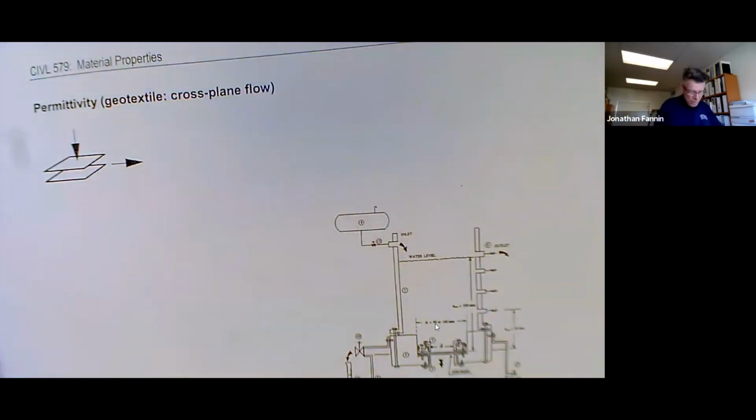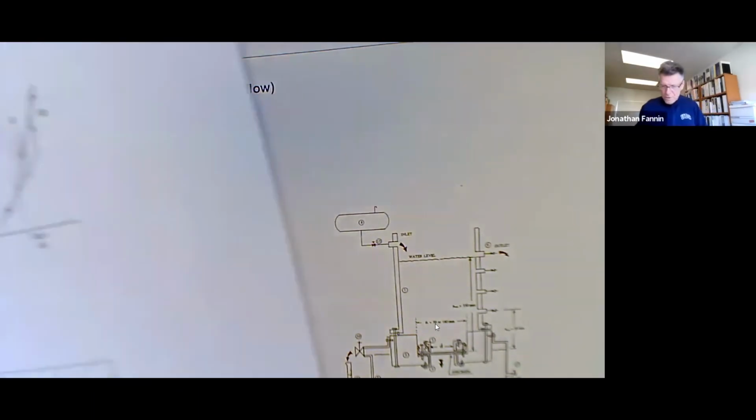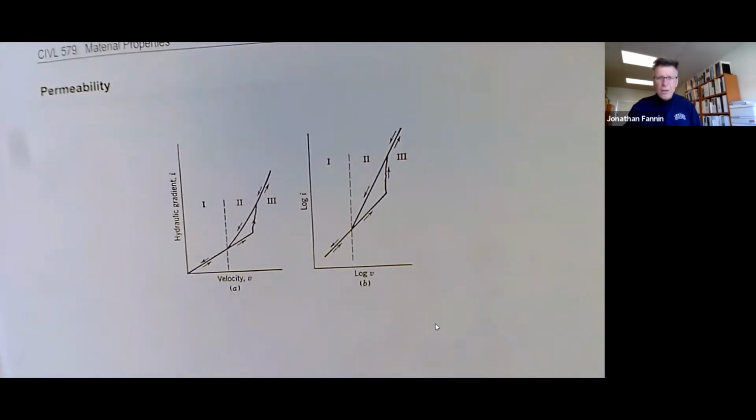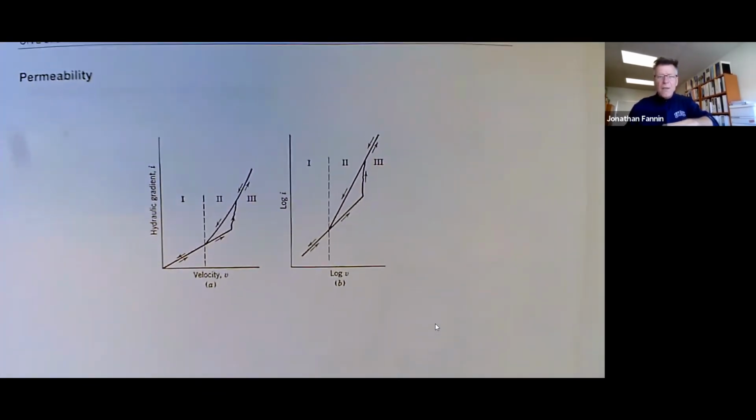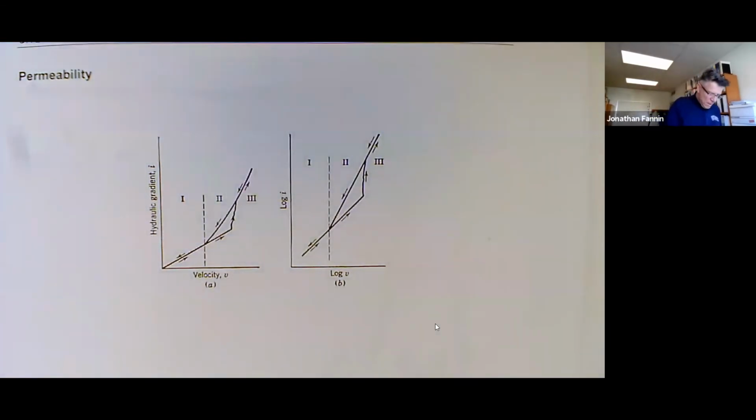But I've got this additional page, and I wanted to speak to it to influence the way you think about permeability, and thus to inform a slightly richer appreciation for what we know about soils, as well as what we know or are about to learn about geotextiles.